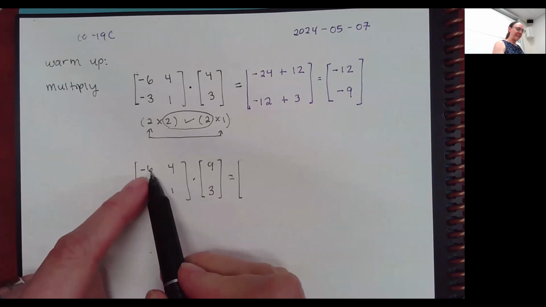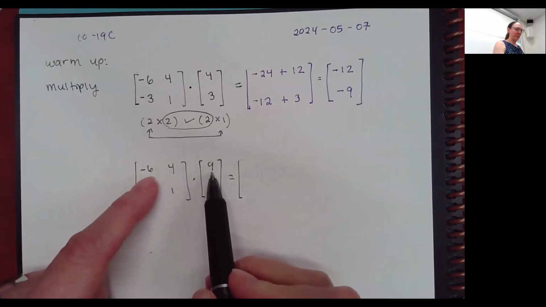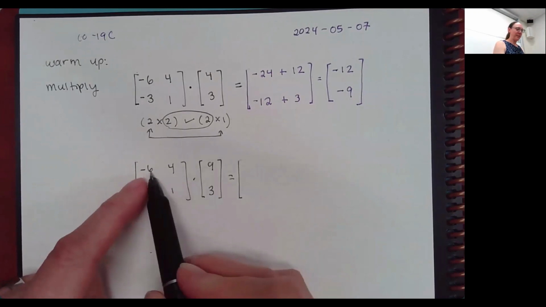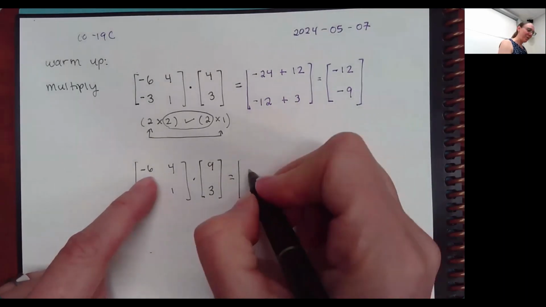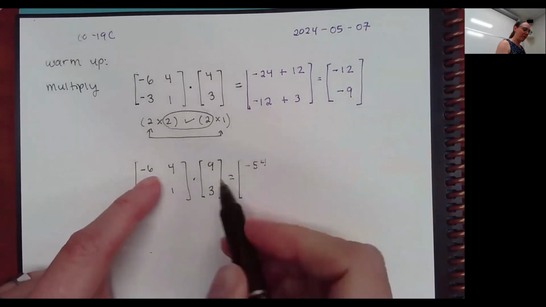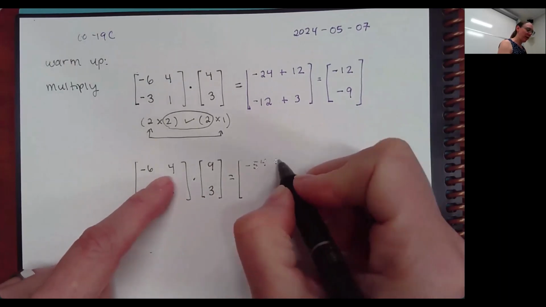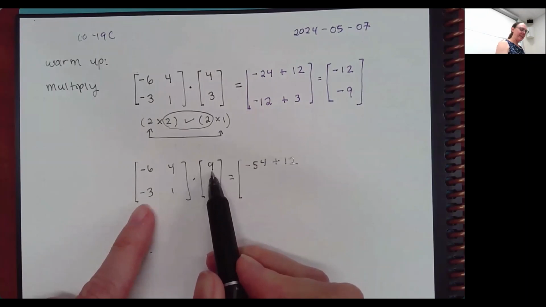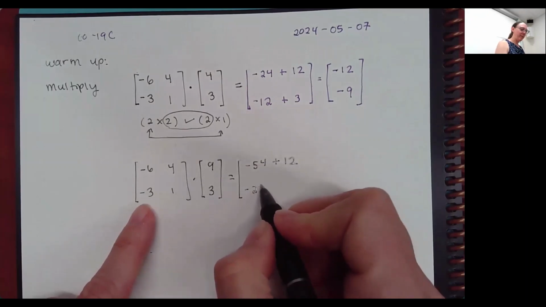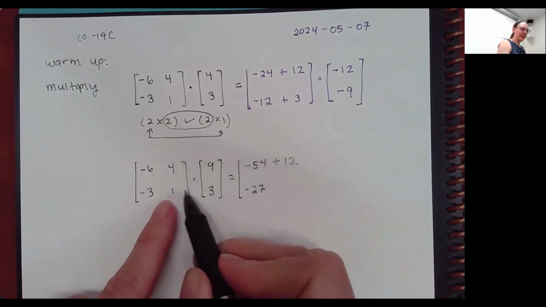So -6 times 9, make sure I don't mess up the arithmetic here. That should be 54. Sorry, -54. So I would have -54 and then 4 times 3, so plus a 12. And down here, -3 times 9, that's going to be -27, plus 1 times 3.